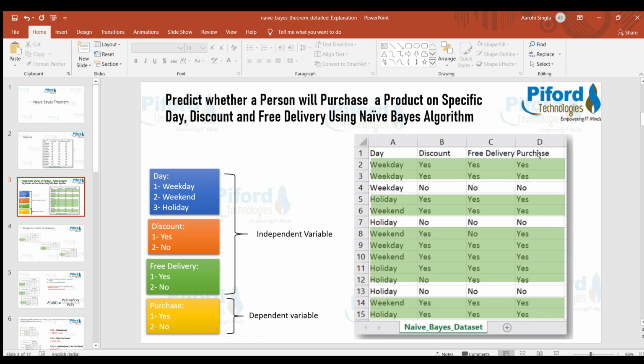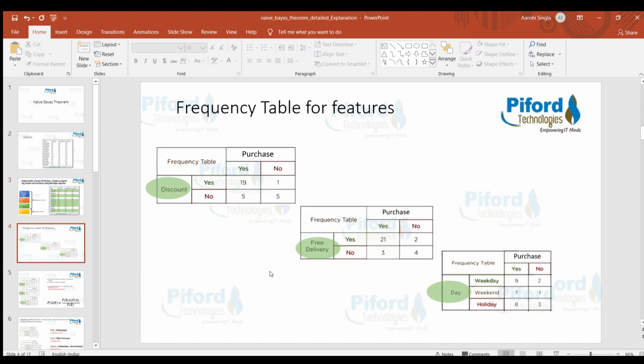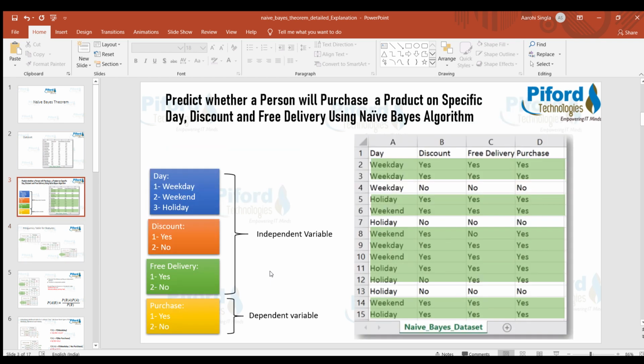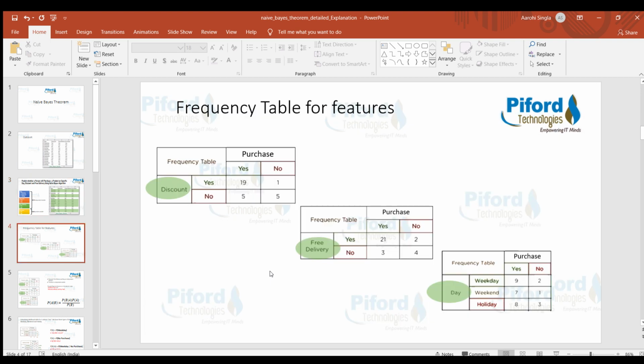And purchase is the dependent column because this is what we want to predict, on the basis of the day, discount, and free delivery columns. So day, discount, and free delivery are our independent variables. Whenever you want to apply Bayesian theorem, the very first thing we need to do is create a frequency table.